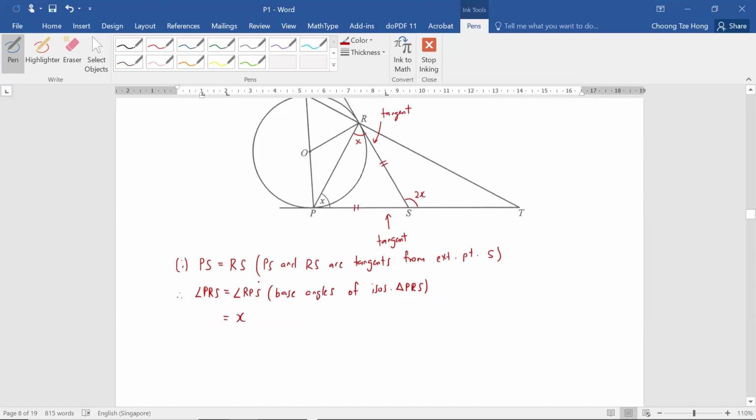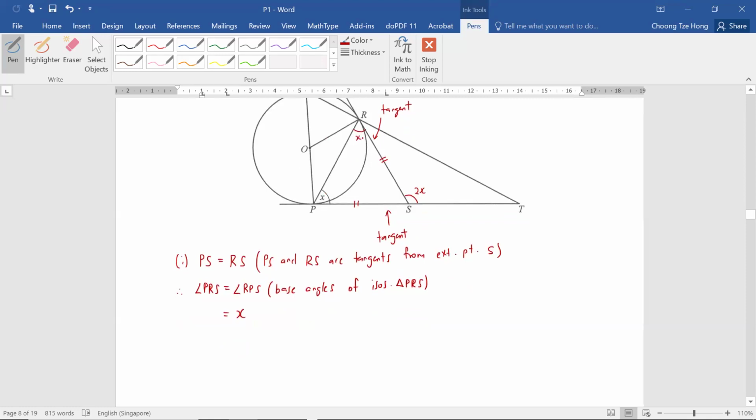If these two angles are equal to x, you can realize that angle RST is an exterior angle of triangle PRS. If you recall the property, the exterior angle of a triangle equals the sum of the interior opposite angles. But even if you forget that property, you can always find this angle.